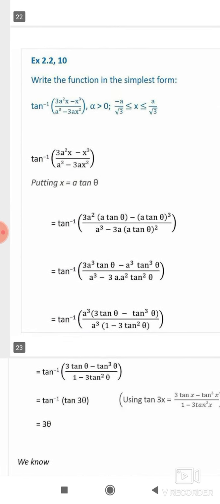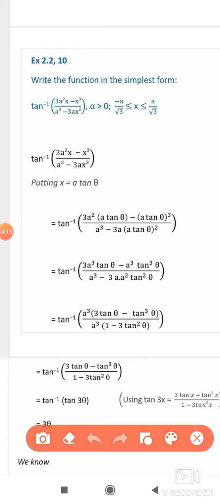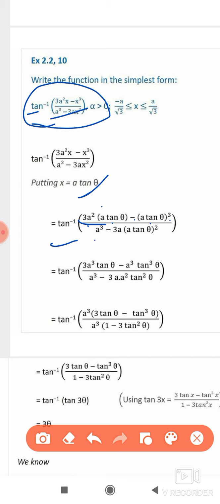Now write the function in the simplest form. Here they are saying you have to write the function in the simplest form. Again, this is the statement given, but the function we will put over here. See here we are having tan inverse, inside also we want something in tan form. So we will put x is equal to a tan theta, so it will be equal to tan inverse 3a square into a tan theta minus a tan theta whole cube divided by a cube minus 3a into a tan theta whole square.